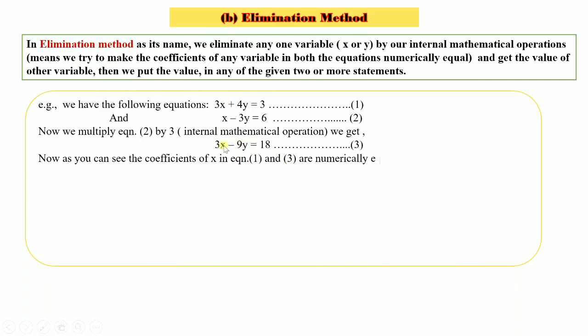So in 1 and 3, the coefficients of x are numerically equal and have the same sign, means this is plus, this is also plus. So having the same sign, positive positive, we are going to subtract. If in place of plus we had minus, in that case also we will subtract. Same sign subtraction, opposite sign addition. So we subtract equation 1 and equation 3.